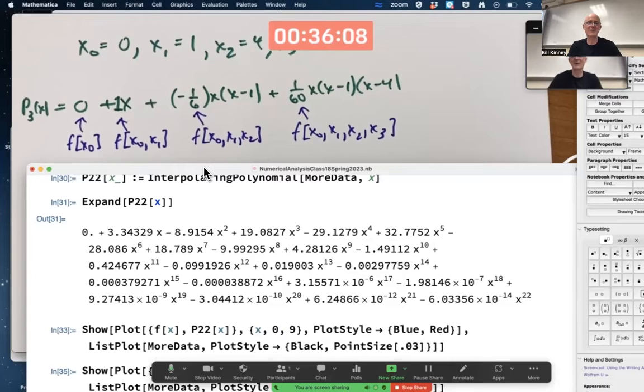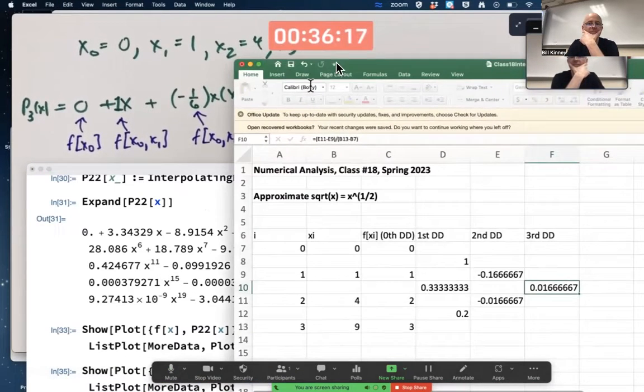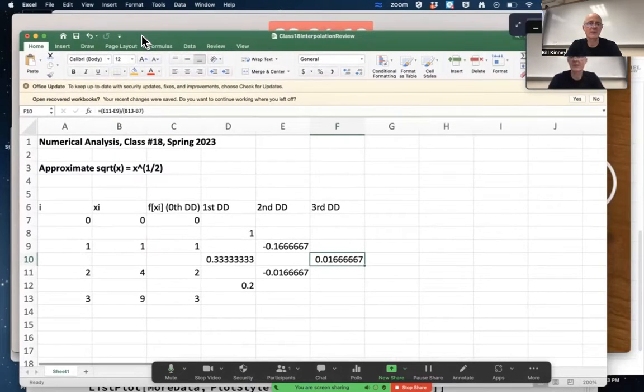Okay, what else is worth reviewing here? It's probably worth reviewing Neville's method. So back to the spreadsheet. But we need to construct our table differently. By the way, if I was going to use this within the spreadsheet to approximate the square root at some value of x, let's quickly do that.